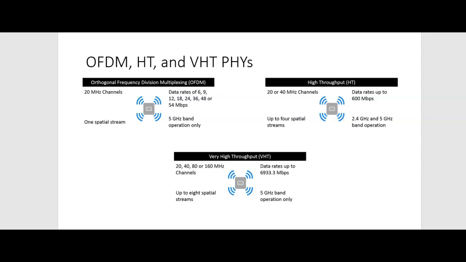So it allows others now, even though 160 megahertz channels should not be used in an enterprise deployment, and I would highly recommend you not even use the 80 megahertz either, just because you don't have a lot of handsets that can utilize those.